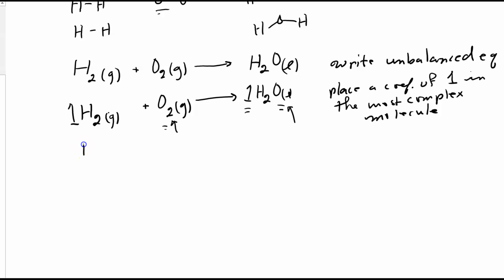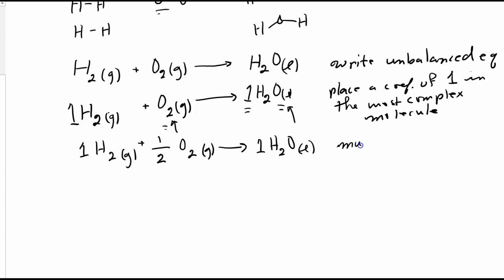So we would then say, as the next step, we multiply this by a fraction necessary, so H2 gas. So we take the number 1 and place it as a numerator over the denominator of 2 oxygens. And this gives us a mathematically correct version of this equation. So we have to multiply by the appropriate fractional coefficient.